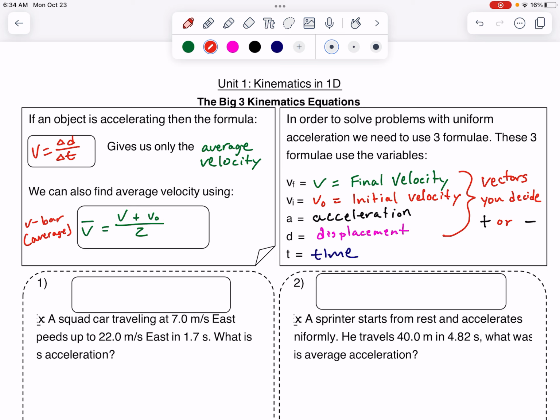So you kind of decide if that's moving in the positive direction or the negative direction. Whereas time is a scalar. Excuse me. Right. Time doesn't have a direction. It only moves one way.